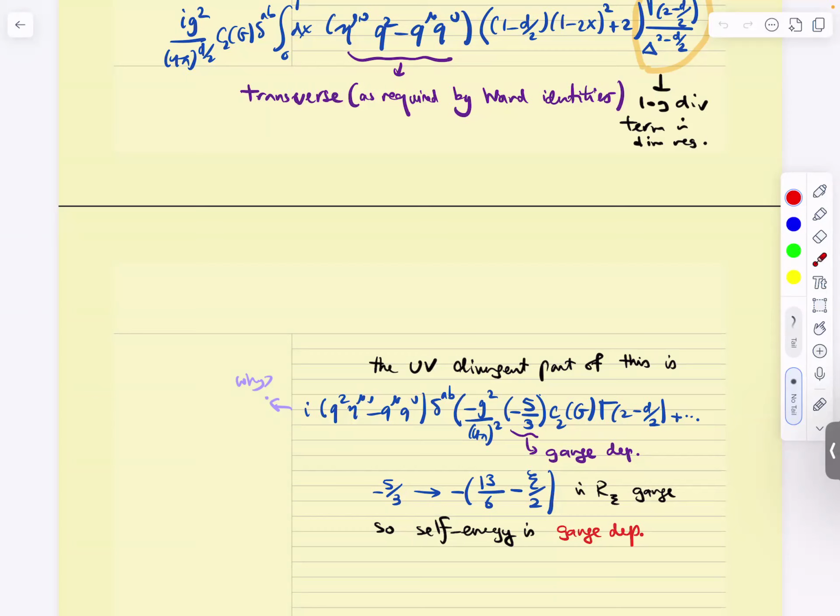If anyone asks you what BRST quantization is, you say you take a non-Abelian gauge theory. It has to be non-Abelian, right? Then you take a gauge transformation that's proportional to the ghost. The coefficient of that must be anti-commuting. The corresponding charge is going to be anti-commuting, which means the square is 0.